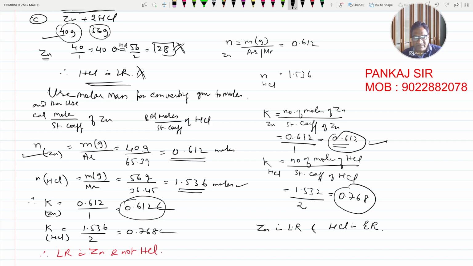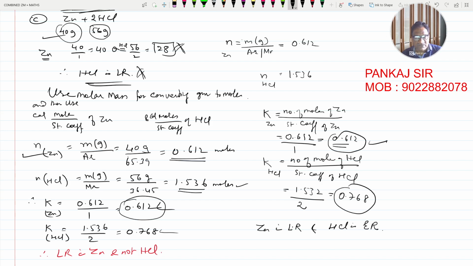I've given you here three scenarios, A, B, and C. In one case, the reactants were given in terms of particles, like atoms and molecules or ions. In the second scenario, the reactants were given in terms of moles. And in the third scenario, the reactants were given in terms of mass, in grams.